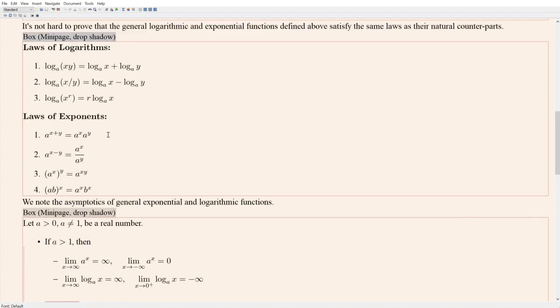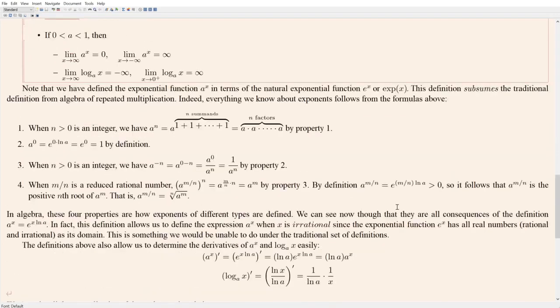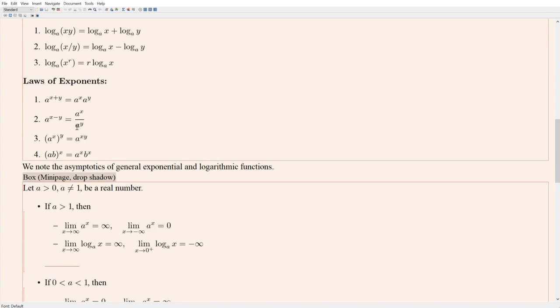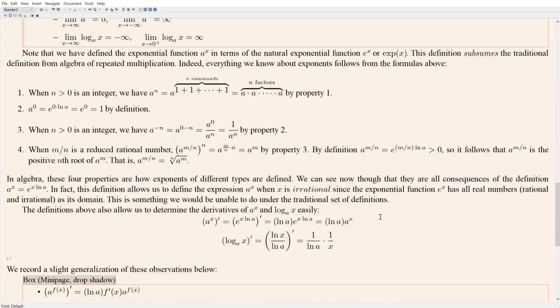Now already, the fact that it follows all of the same laws should be proof enough. And indeed it is, because all of the properties of exponentials that we are already familiar with from algebra follow from these laws. So, for example, let's go back to 4th grade. When n is a positive integer, a to the power n should be a multiplied by itself n times, right?